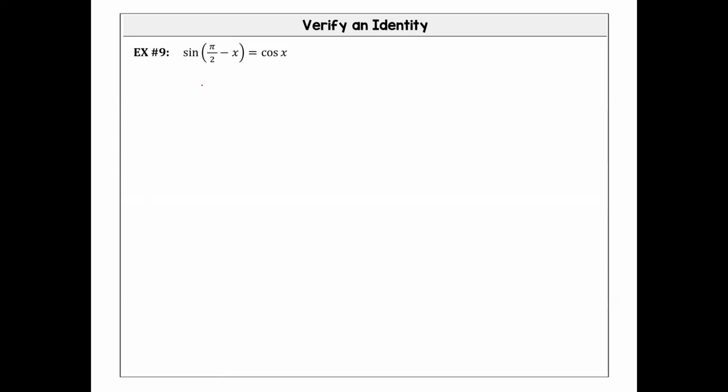It's just the cosine of x. So tell me. So we have sine of, then what? What's next? Perfect.